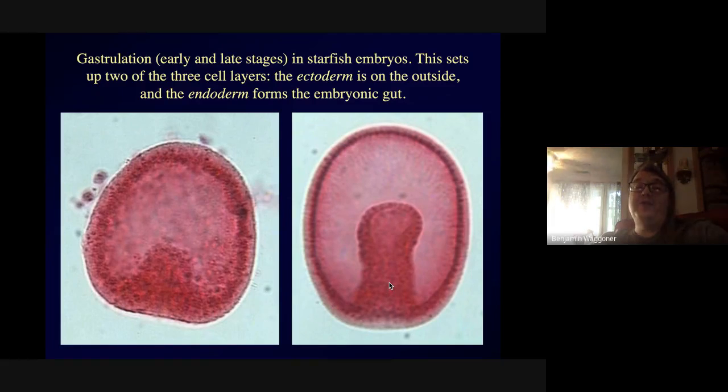That sets up 2 of the 3 basic cell layers that bilaterians are made of. The cells on the outside form a layer called the ectoderm, and the cells that form that gut are the endoderm. And you might remember in bilaterians, there's a 3rd layer in between the 2, the mesoderm.